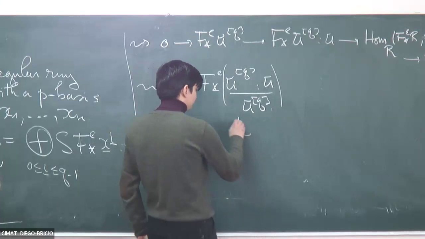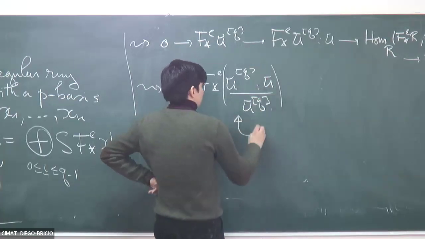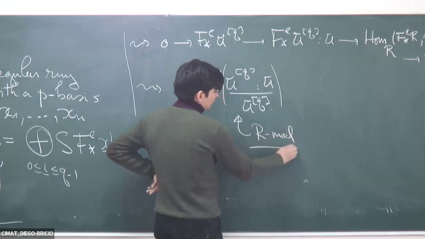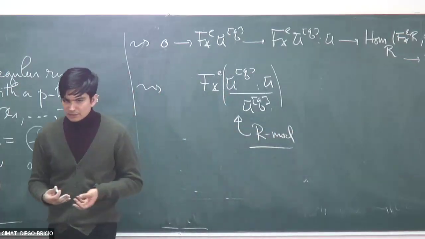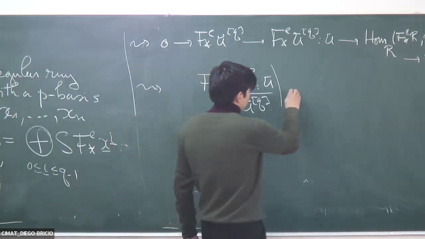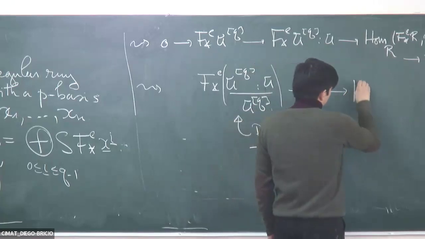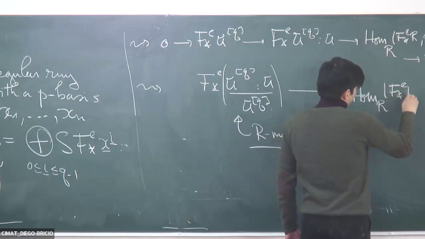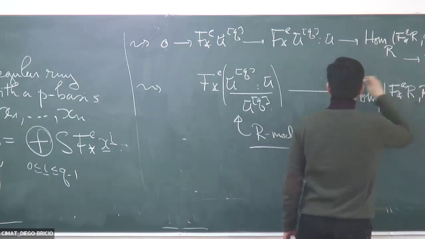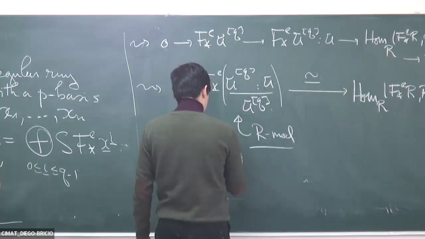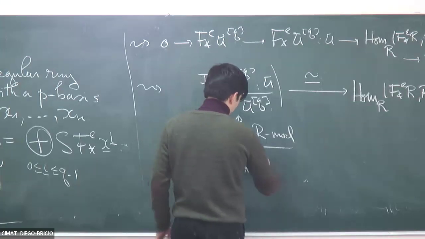So this is an R module, right? Any S module that is killed by A, sorry, it's an R module automatically. So here you have a map from here that tells you how to compute this thing. And how does that work? You take an element here. What is a good name? Let's call it X. No, X isn't.